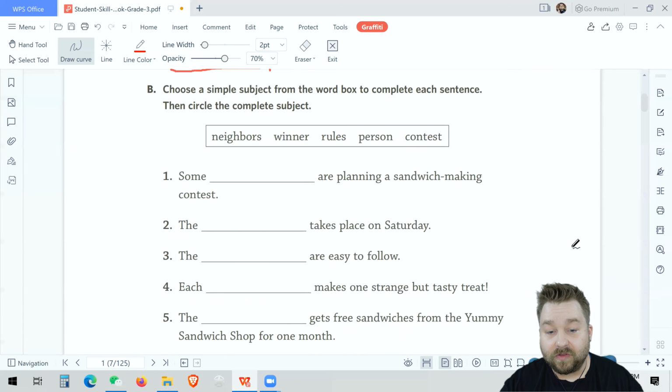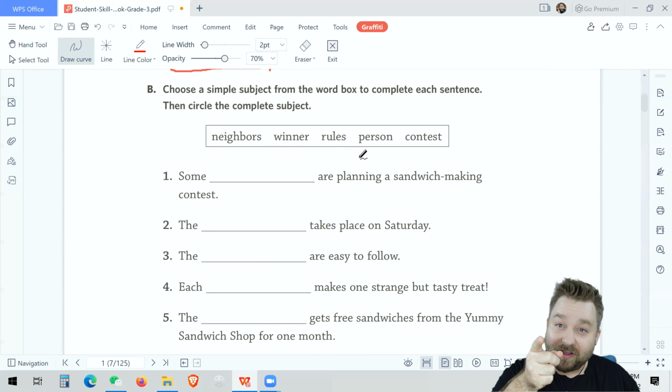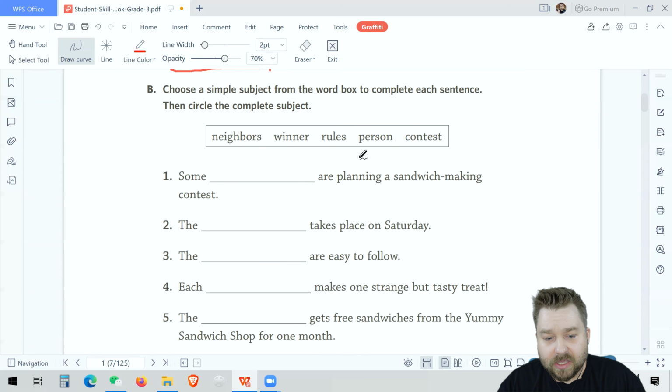Then circle the complete subject. So we need to circle the whole subject, which is to the left of the verb, like we said. So, some are planning a sandwich making contest.